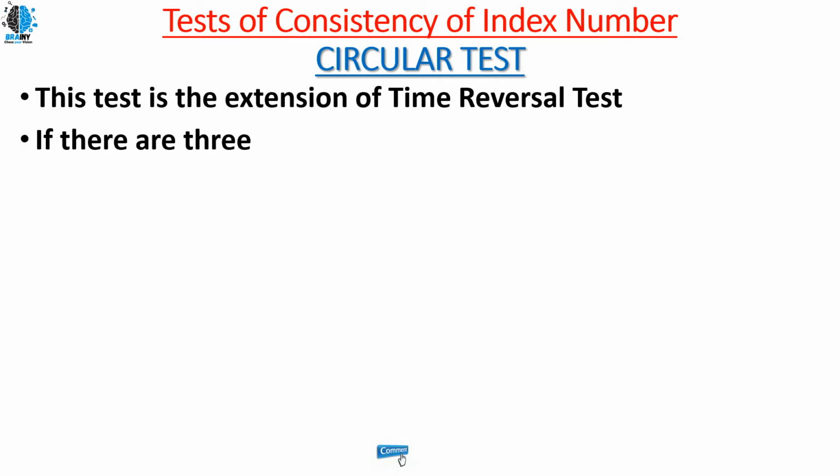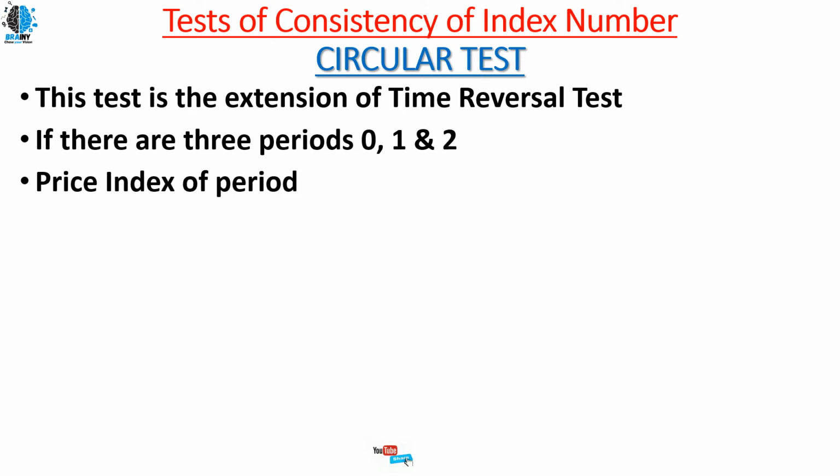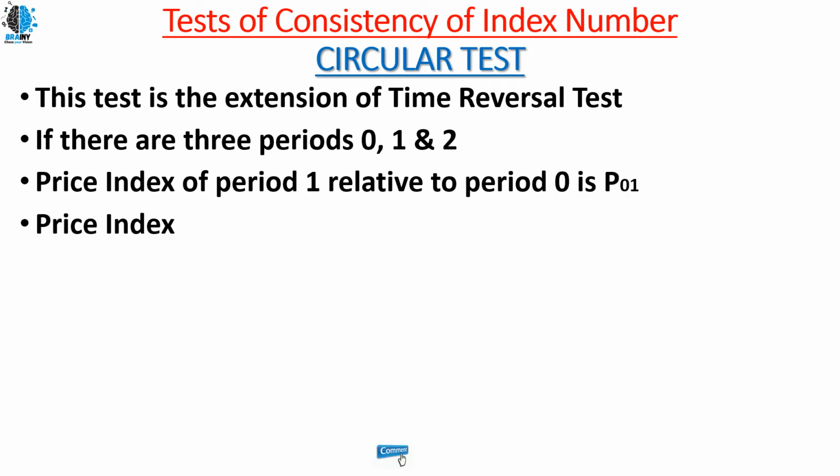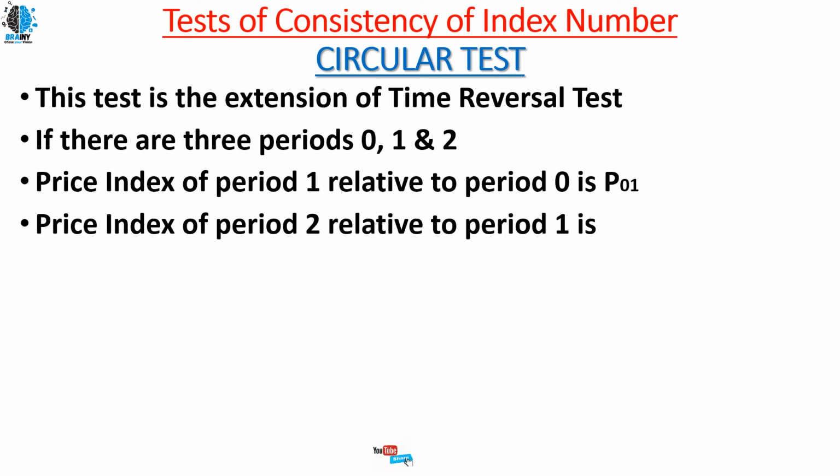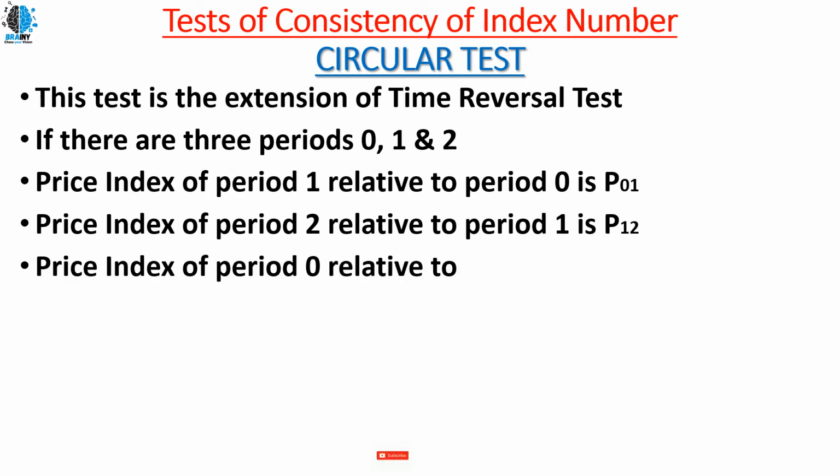If there are three periods 0, 1 and 2, the price index of period 1 relative to period 0 is P01. The price index of period 2 relative to period 1 is P12. The price index of period 0 relative to period 2 is P20.